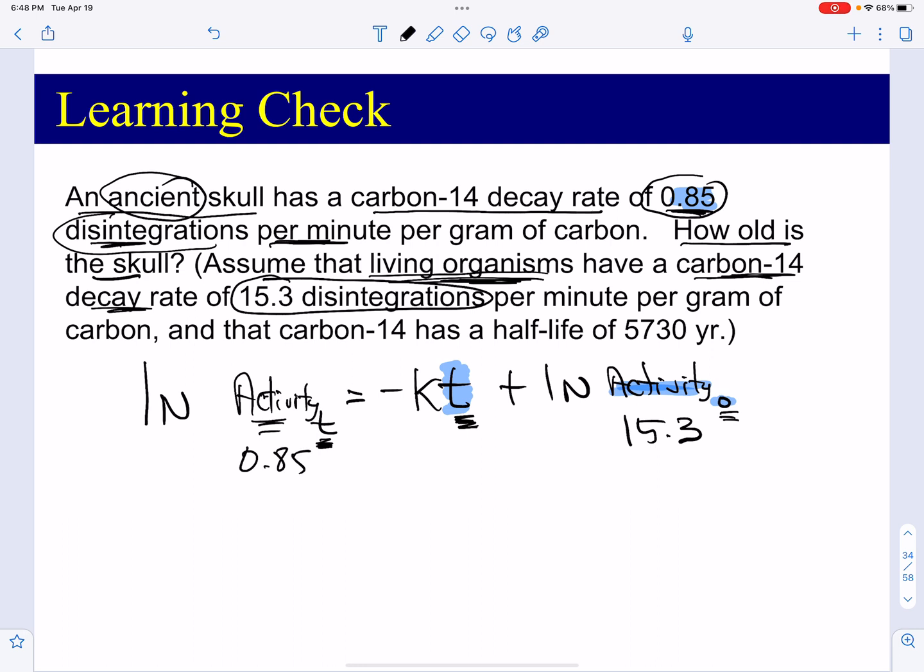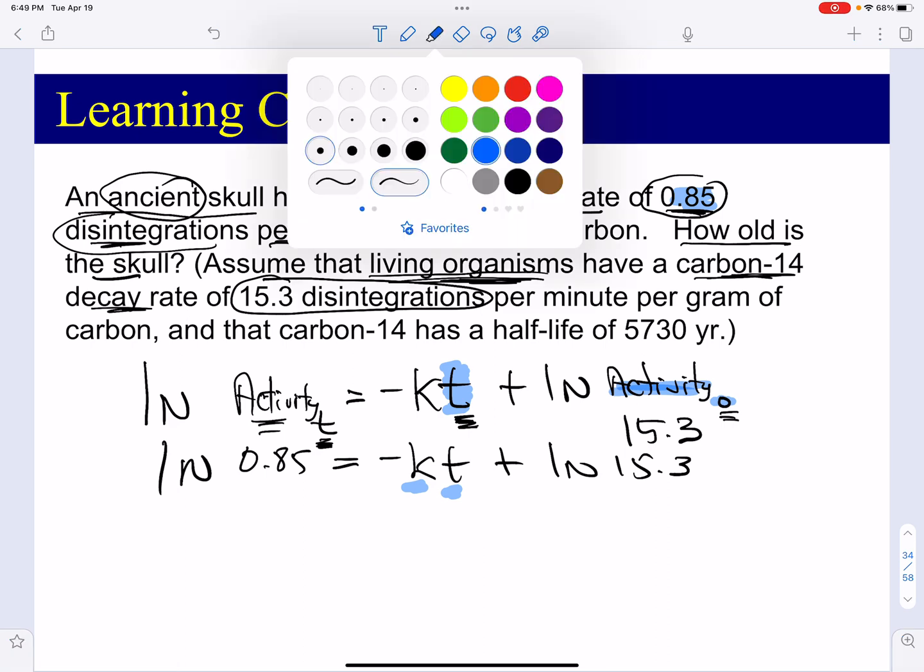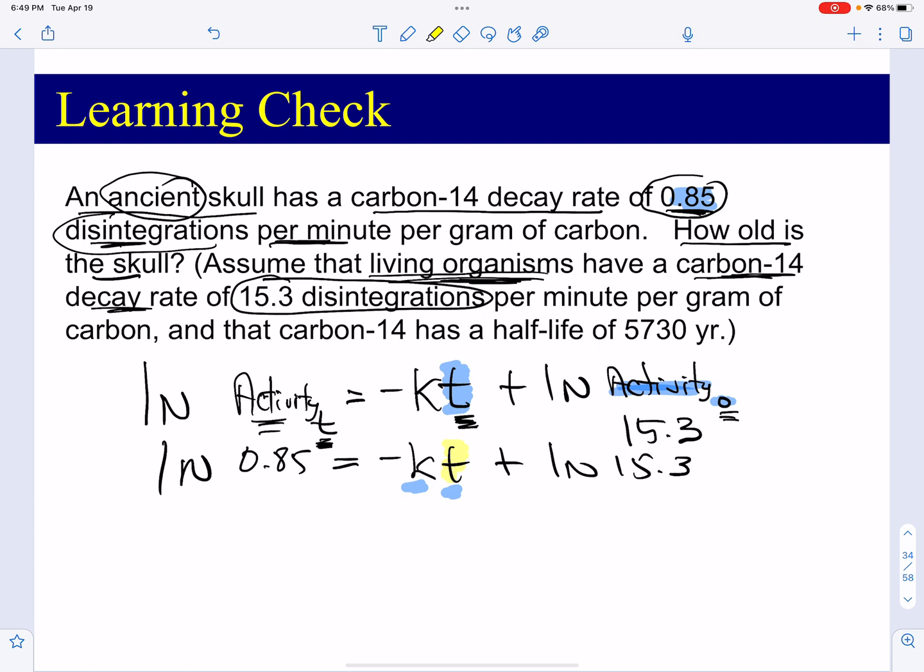So the natural logarithm of 0.85 over 15.3 equals minus the rate constant times the time. So we've got a problem here: we still have two unknowns. The one we're looking for is the time, so we need to know the rate constant. How can we know the rate constant?